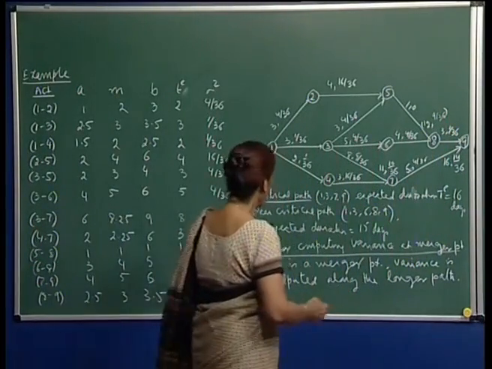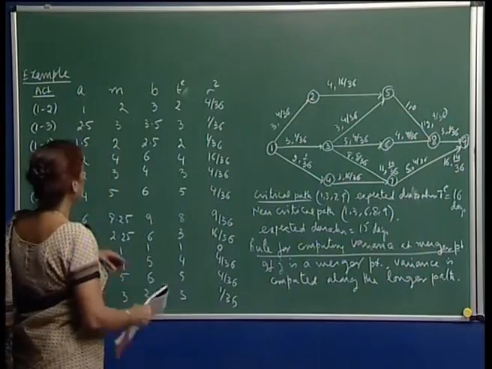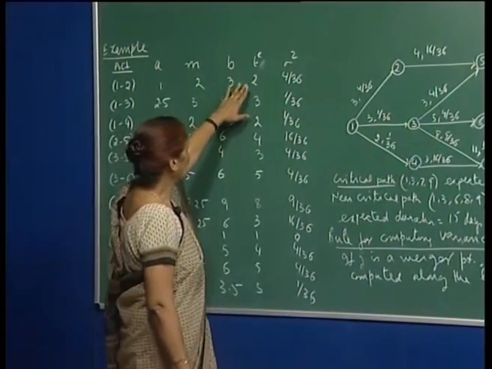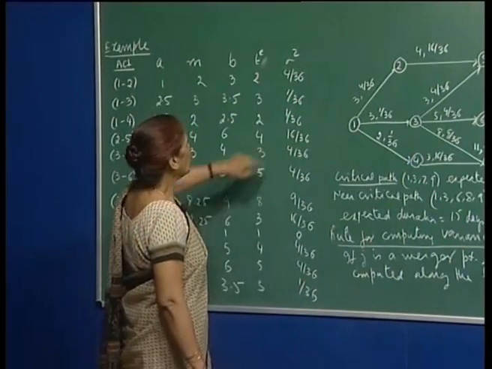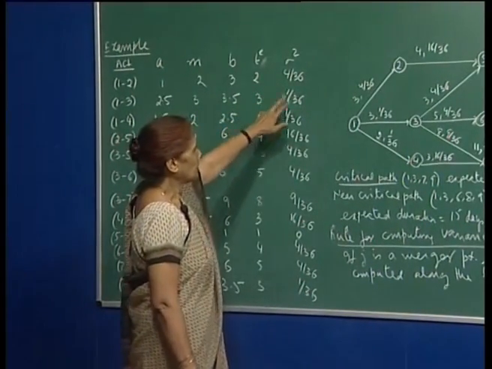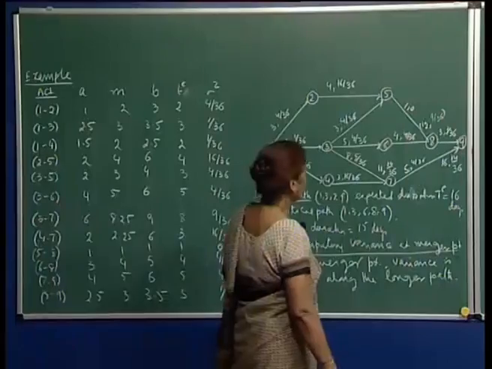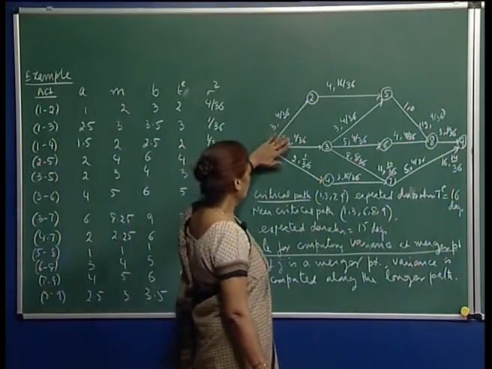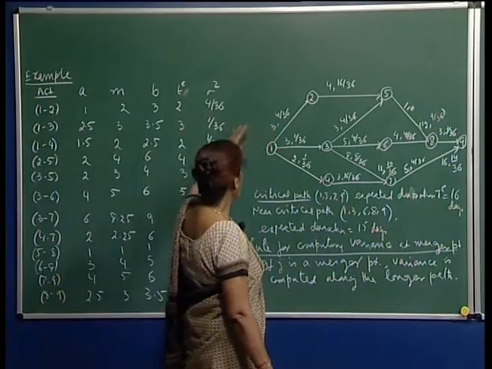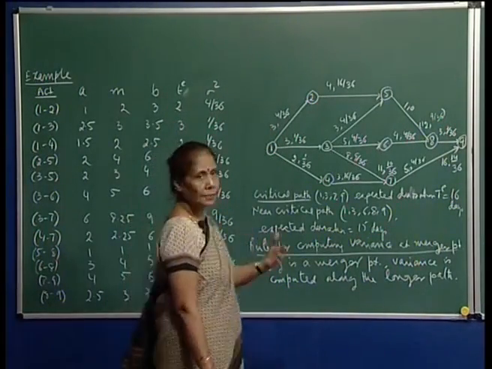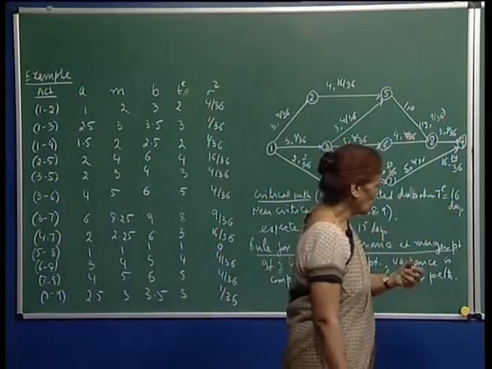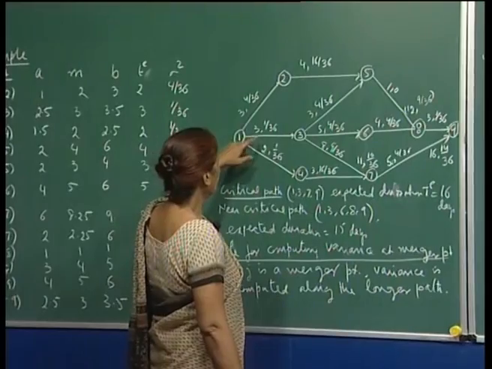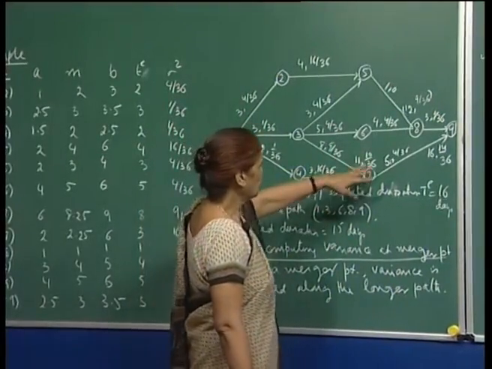The activities A and B are given, and we have computed the expected duration and the variance for each activity, which are shown along the arcs. We take the expected duration of each activity as the given time for completing the activity. Then I can use the critical path method and find the longest path, the critical path.